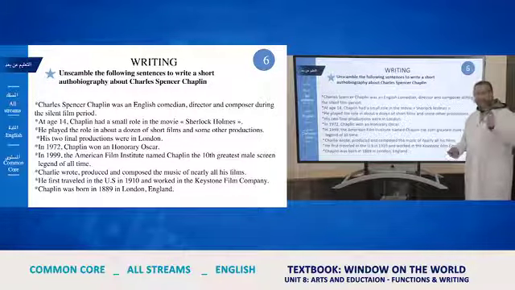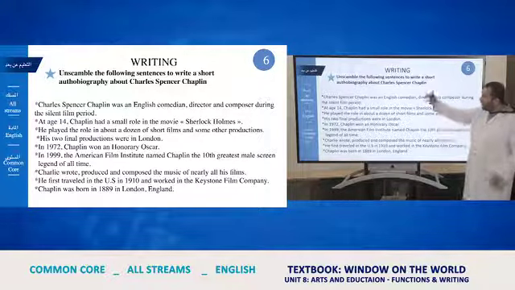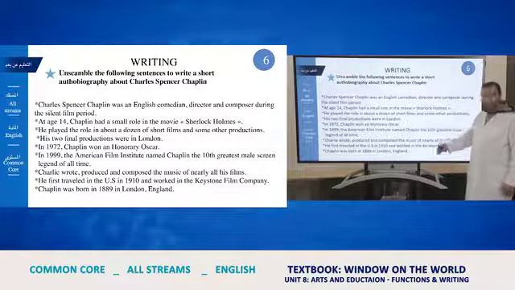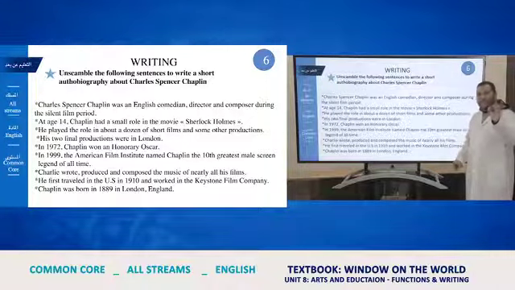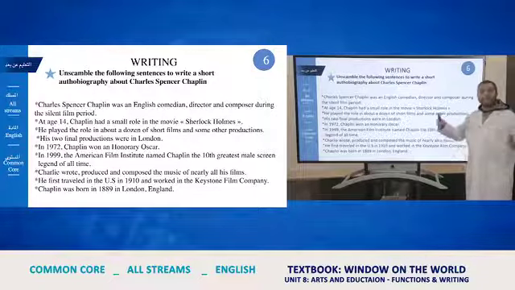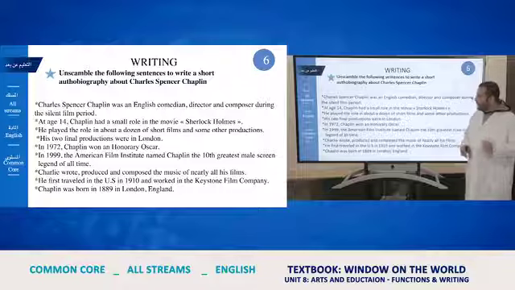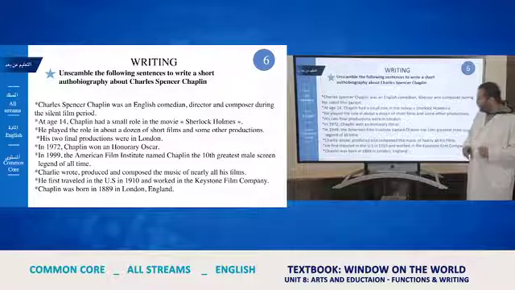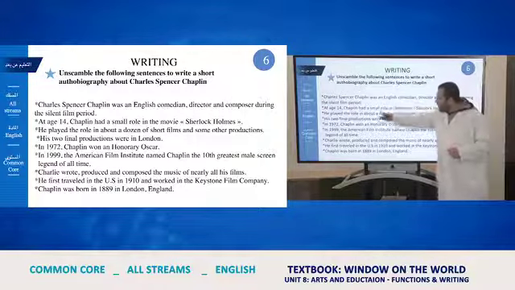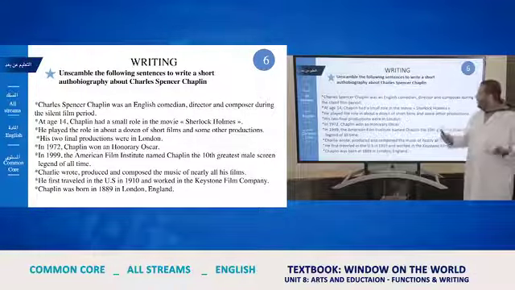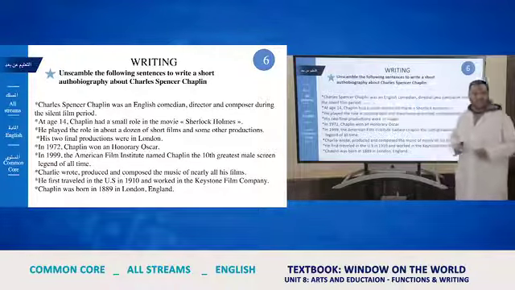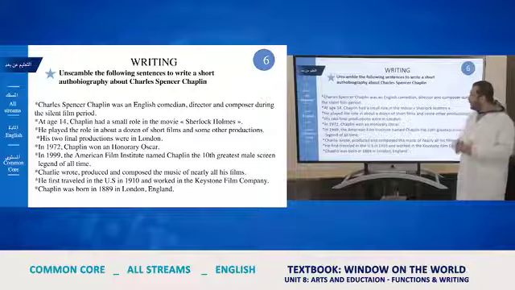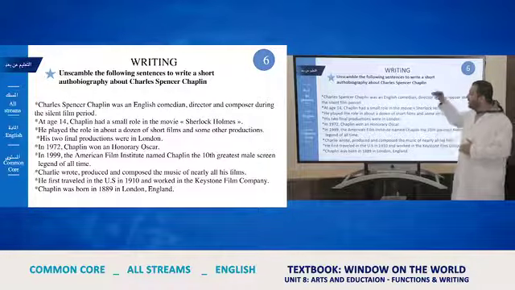Dear students, before you start unscrambling or putting these sentences in order, it is very important to pay attention to 2 important points that will be very helpful for you. The first one is capitalization and punctuation. As you will see here, in all the sentences we have capital letters. Why? Because each sentence starts after a full stop. But you should start with the priorities.